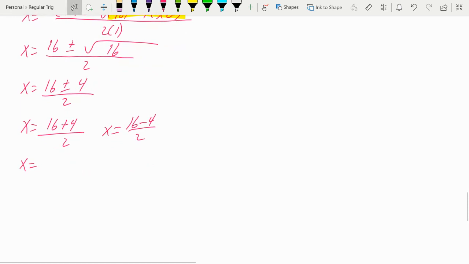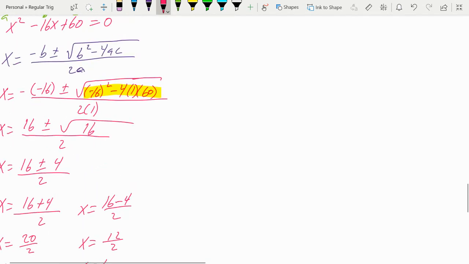So 16 plus 4 gives me 20 over 2, so I end up with 10 there. And then over here, I end up with 6. Oh, at least make it look like a 10. All right. So 10 and 6.